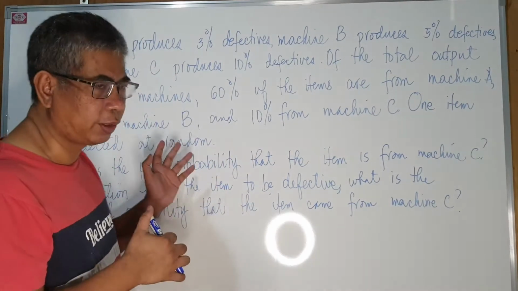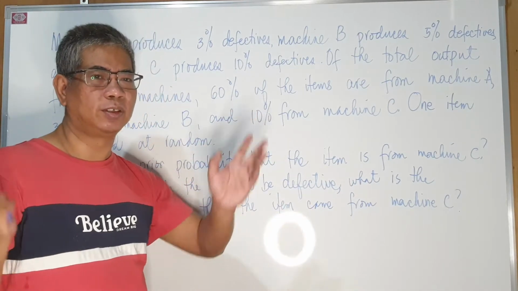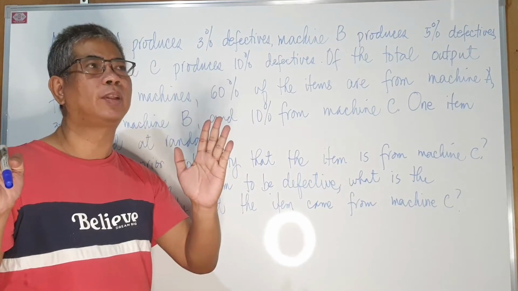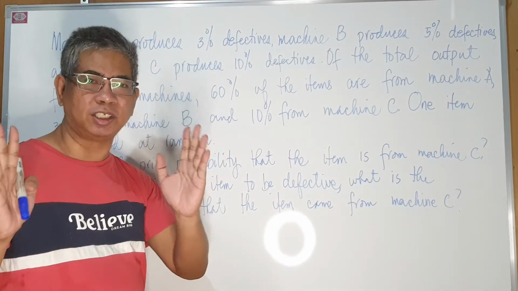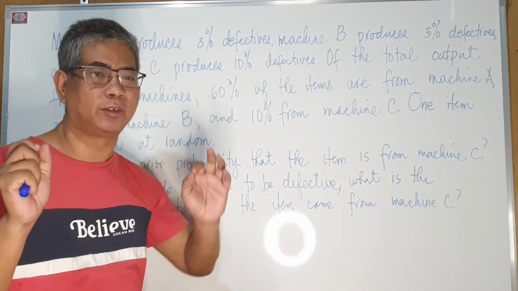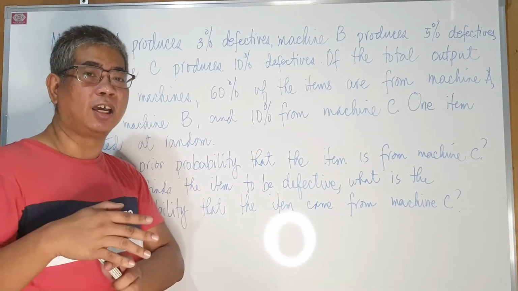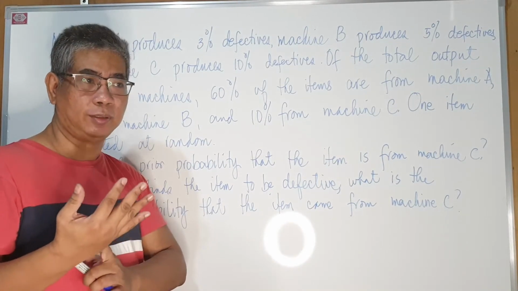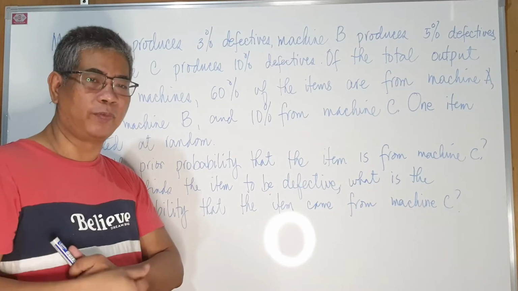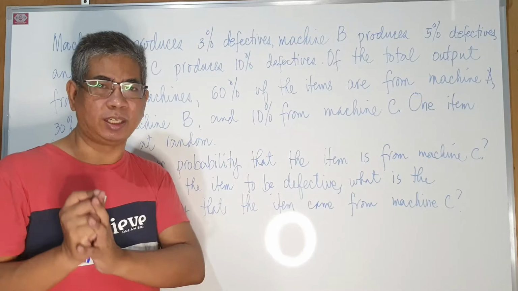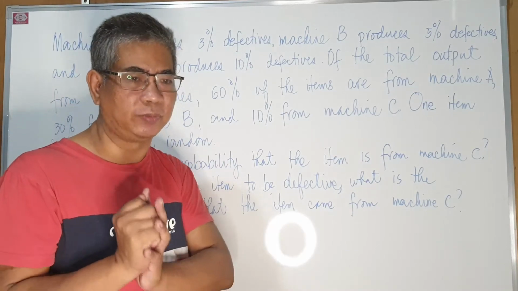Okay? So Bayes theorem, ano ba yung Bayes theorem? So like I said, ang Bayes theorem ay ang manager makes decisions with incomplete information. So pag incomplete information, there is a chance na ang decision mo ay mali. Of course, there's also a chance na ang decision mo ay tama. So as manager, you make decisions based on incomplete information.